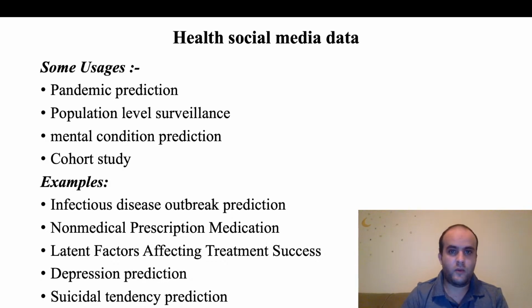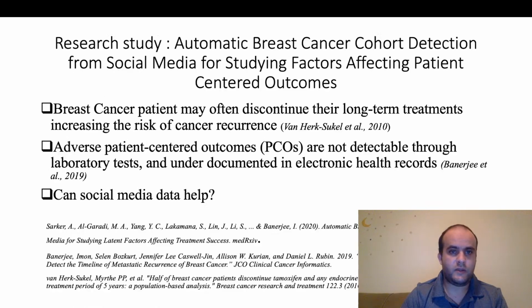Let me give you one example of using health social media data that we are doing nowadays: automatic breast cancer cohort detection from social media for studying factors affecting patient-centered outcomes. Especially in the United States and high-income countries, the breast cancer mortality rate has been reduced significantly due to advanced treatment like hormone therapy.